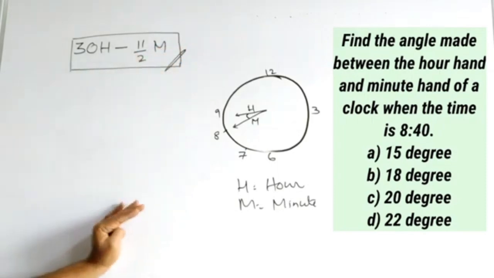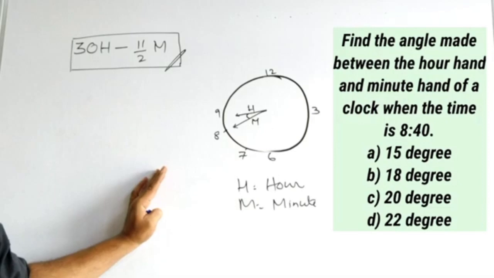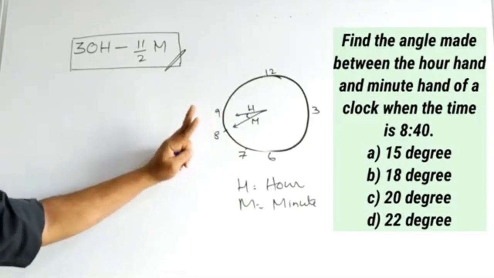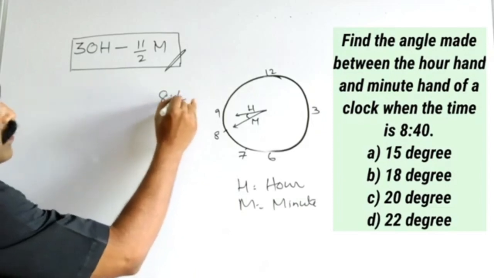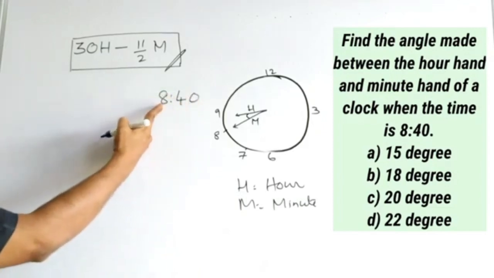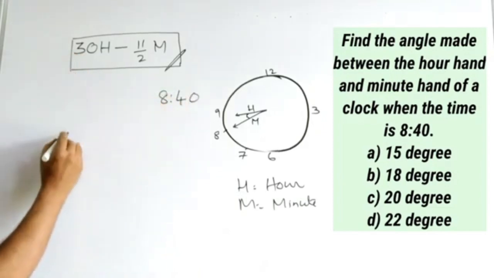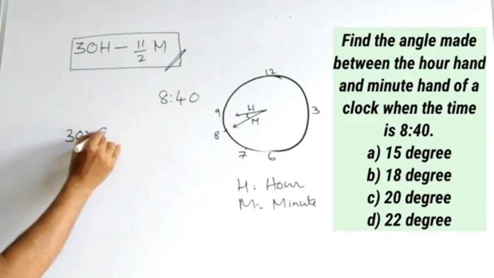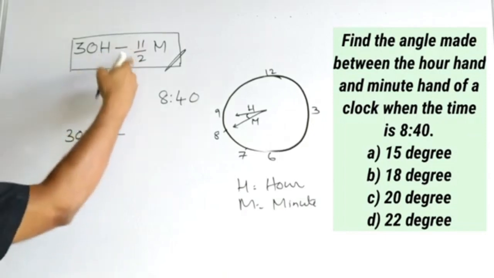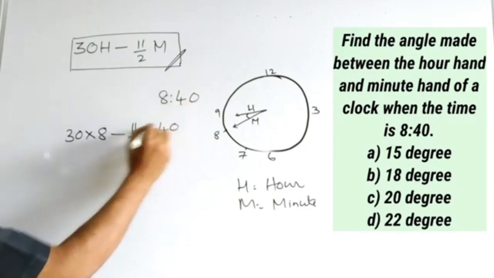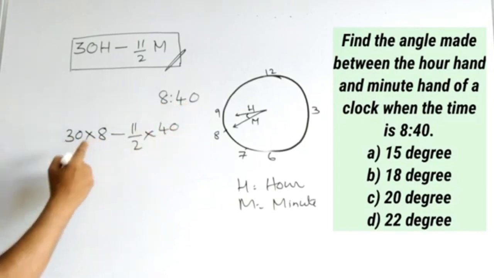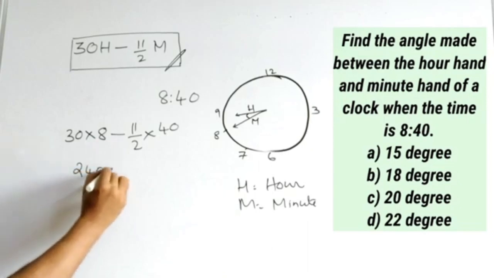Now what's the question given here? Find the angle between the two needles when the time is 8:40. Here the time is 8:40. So the hour is 8. So multiply that here. 30 into 8 minus 11 by 2 into the minute, which is 40. 30 into 8, 3 8s are 24, so 240.